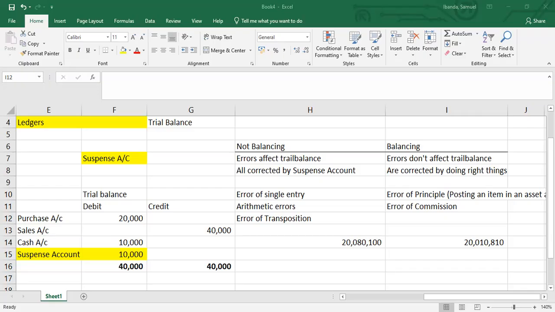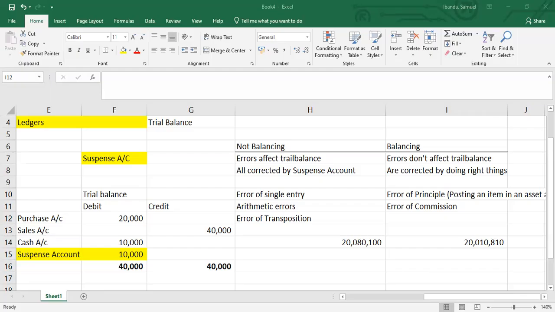Or somebody can be Samson and somebody can be Samuel, or somebody can be Martha and another one can be Maria. When you mix up things in an account, for example a sale to Martha being posted to the account of Maria, that will definitely be an error of commission.